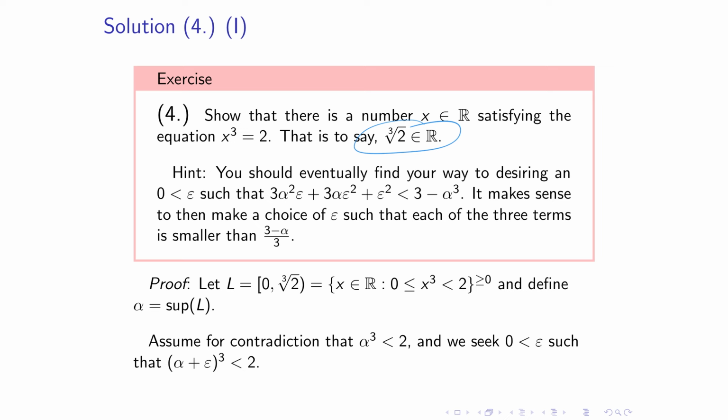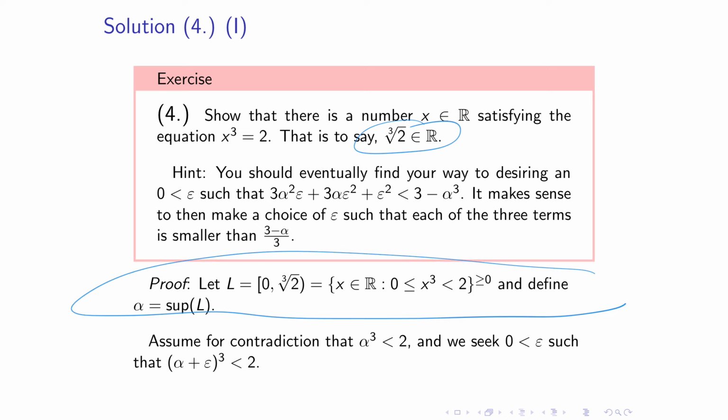Very similar to all of what we've talked about before, we'll define this set, this time using a cube, and set it less than 2 in this particular case. Alpha is the supremum of that set.